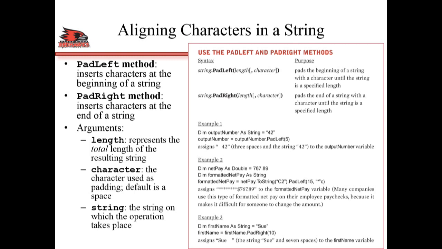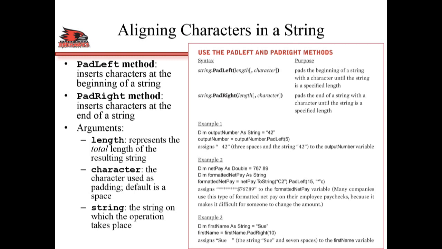In the second example, we're inserting stars before the net pay number and converting that to a string. So we have the net pay 767 period 89. We want to make it something with a dollar sign before it and a bunch of stars before that, to make it a 15 character length string.